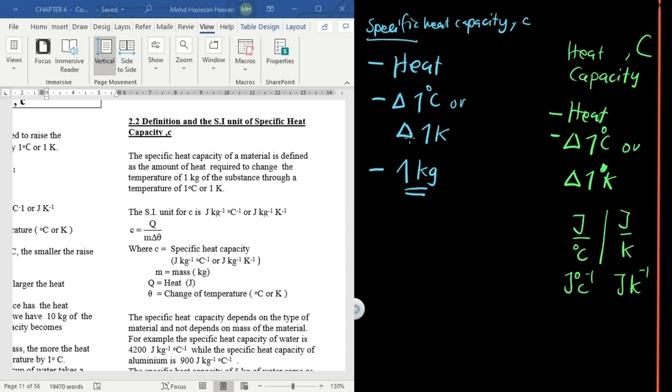For specific heat capacity, we have another physical quantity, which is the mass, 1 kilogram.